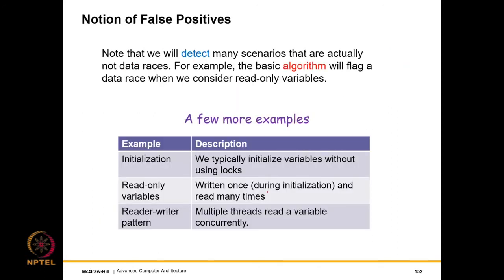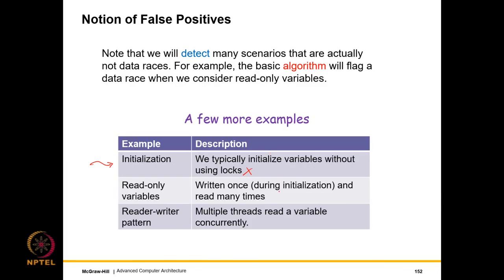There is, of course, a notion of false positives. We will detect many scenarios that are actually not data races. For example, the basic algorithm will flag a data race for read-only variables. Let's look at some of these patterns where a problem will be flagged. When we are initializing a variable, we will typically initialize it without using locks. So the first access, some thread at the beginning will just initialize. That may not use locks, but will be flagged as a problem by our system, which is not the case.